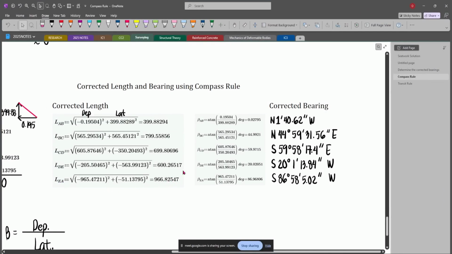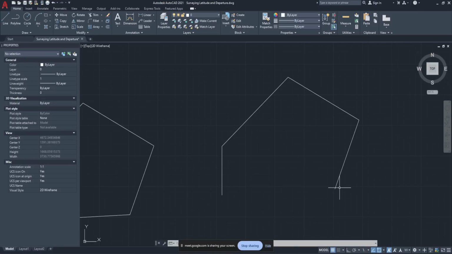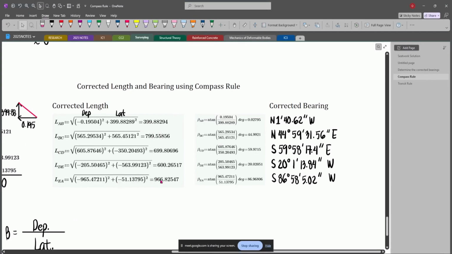And the distance from point E to point A should equal the corrected distance of EA. That's how we can check. So right here, we see that the distance is equal to 966.825, which is the same as our calculation for the corrected length of EA.